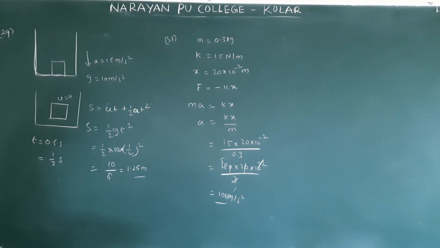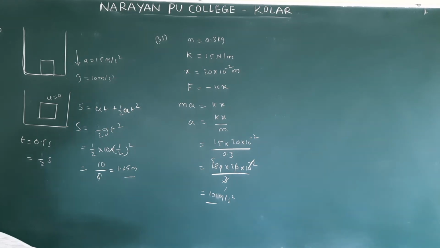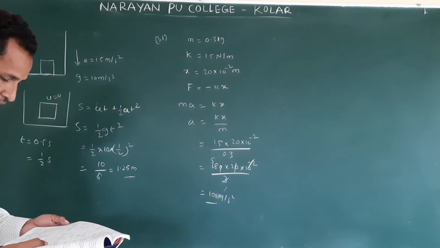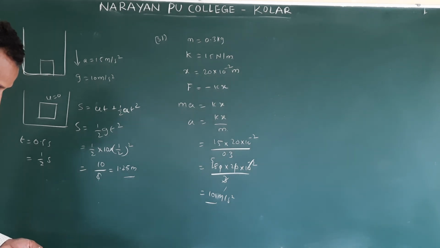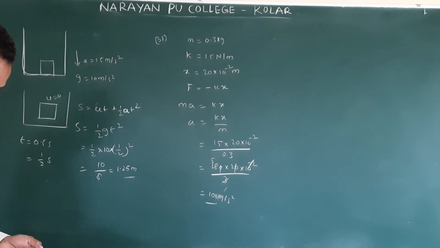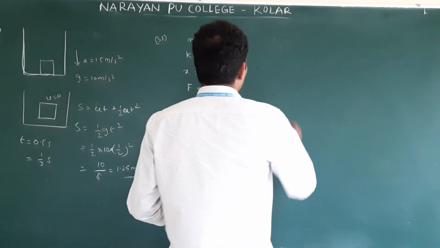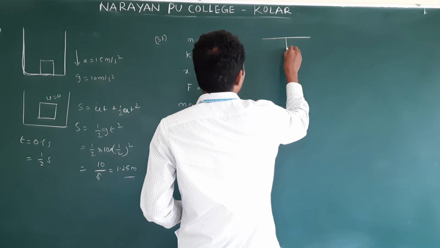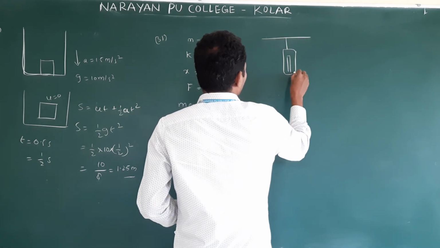A light spring balance hangs from the hook of another light spring balance. A block of mass M kilogram hangs from the lower one. Which of the following statements about the scale reading is true? They given like this. This is one spring balance.